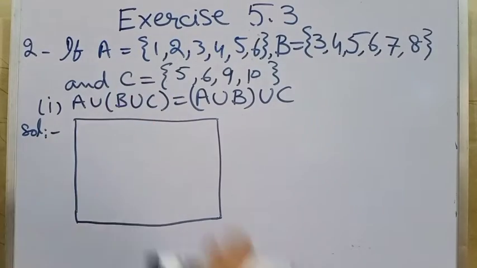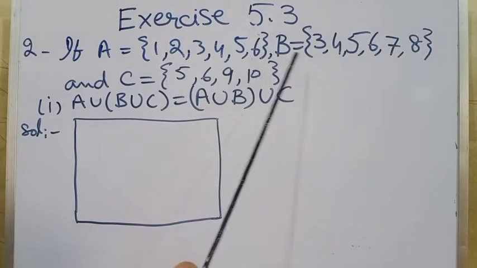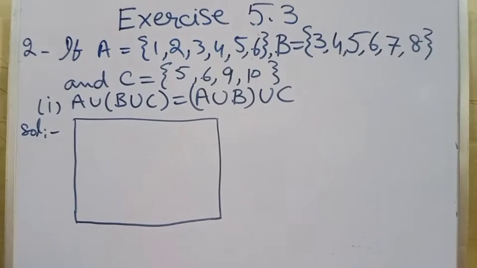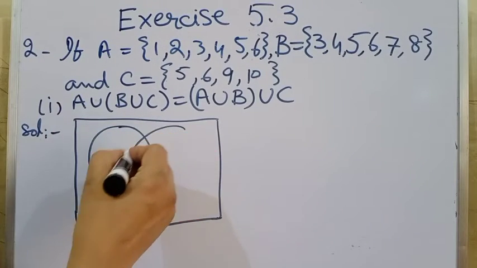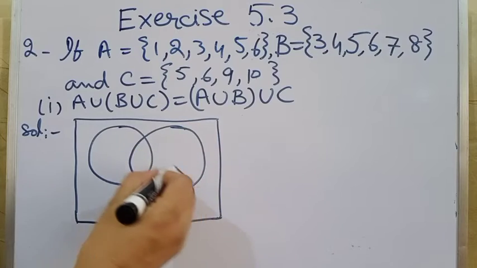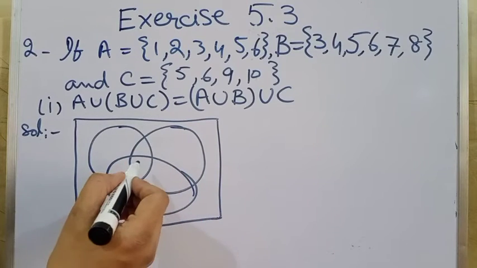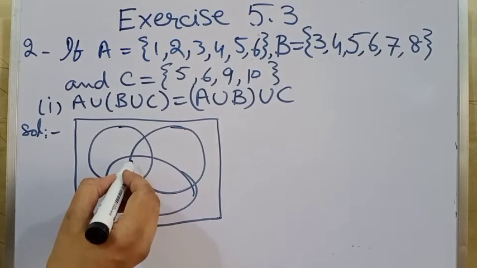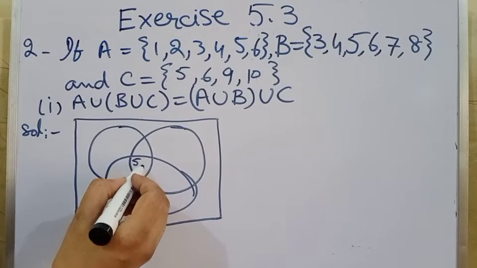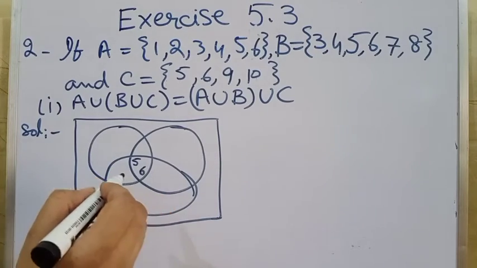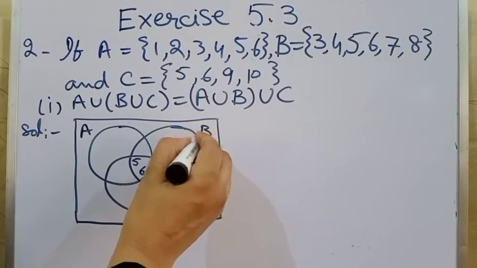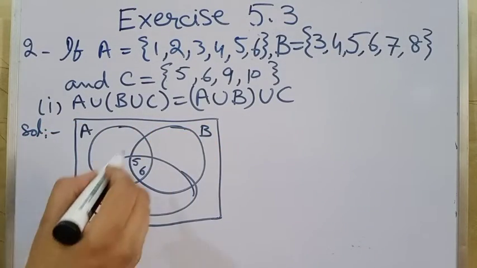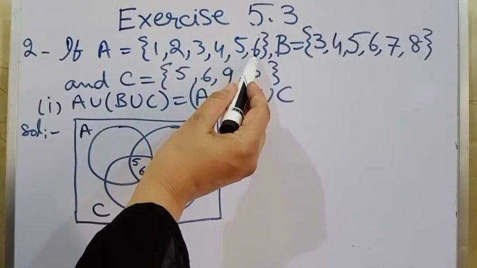So at the points 5 and 6, these 3 sets overlap. So first of all we write the common elements in the 3 sets, then write set A, set B and set C.